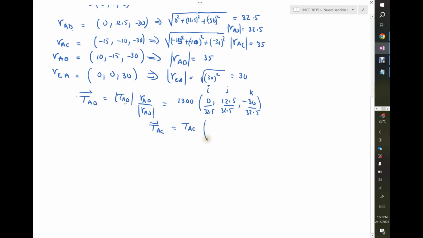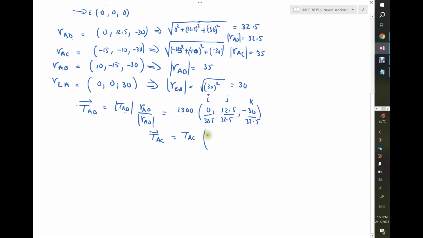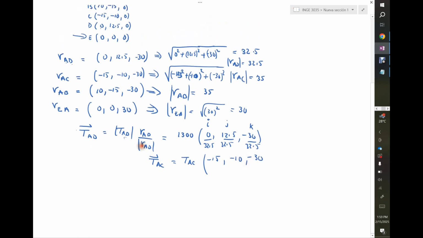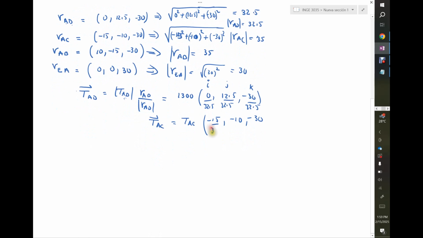Now again, we do the same. So we take the position vector, which is minus 15, minus 10, minus 30, and we need to divide that by the magnitude. And the magnitude of that guy is 35. So we divide this by 35, by 35, and by 35.